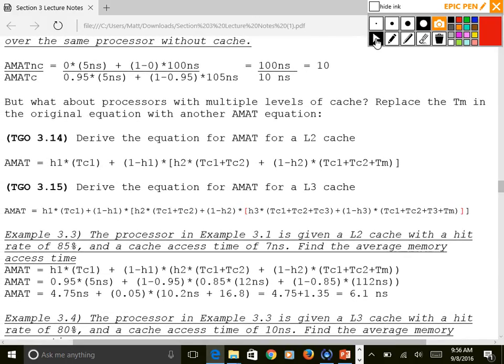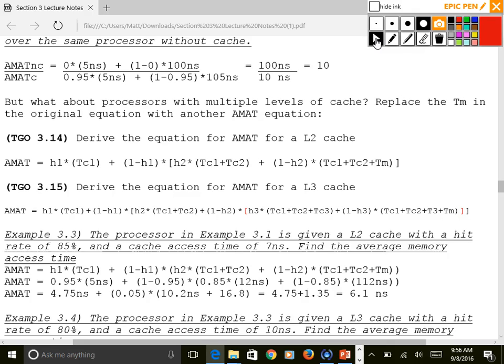So hit 1 times TC1 plus 1 minus hit 1, second bracket, hit 2, TC1 plus TC2 plus 1 minus hit 2, then hit 3, add the 3 of them together, plus 1 minus hit 3, add all 3 plus the memory access time. Does that make sense? Because each one we have to add more time.